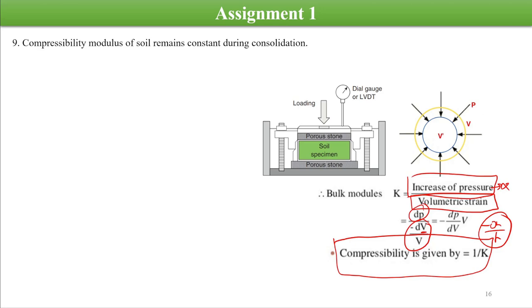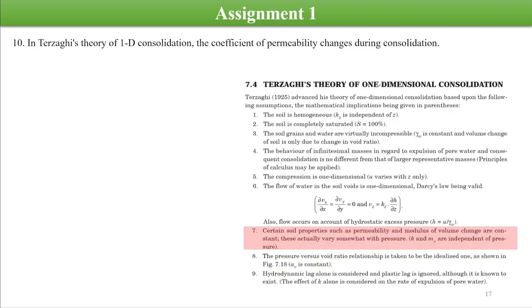So this question can be answered by remembering the assumptions involved while deriving the Terzaghi one-dimensional consolidation equation. The assumption is that certain soil properties such as permeability and modulus of volume change are assumed to be constant during the phase of consolidation.